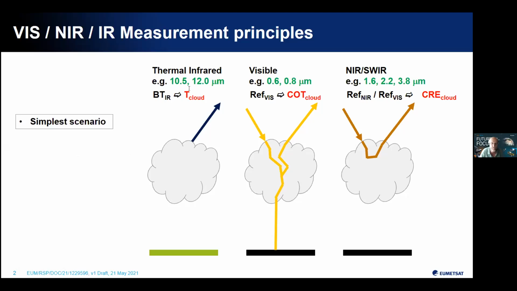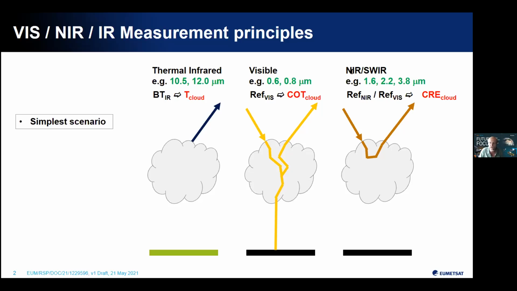So from the thermal infrared channels, the window channels, for example, 10, 11, 12 microns, the brightness temperature effectively represents the temperature of the cloud top, which then can be interpreted as a pressure or height given some reference profiles like an ECMWF temperature profile. The shortwave channels, which are non-absorbing in liquid and ice, liquid and solid water, they're responsive to the full total optical thickness of the cloud.